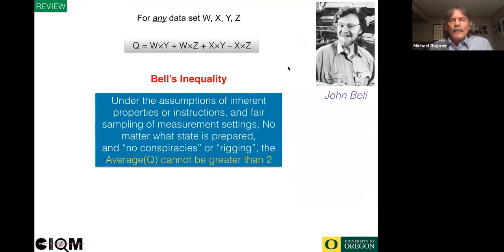So to review, remember that in classical physics, if we have any data set, and Alice has two variables called W and X, and Bob has two other variables called Y and Z. Remember that under these assumptions, which are considered common sense, logical assumptions in most people's view of the world, which are inherent properties or instructions for each particle, which do not change after the particles are created in the source and travel off to their respective measurement laboratories.